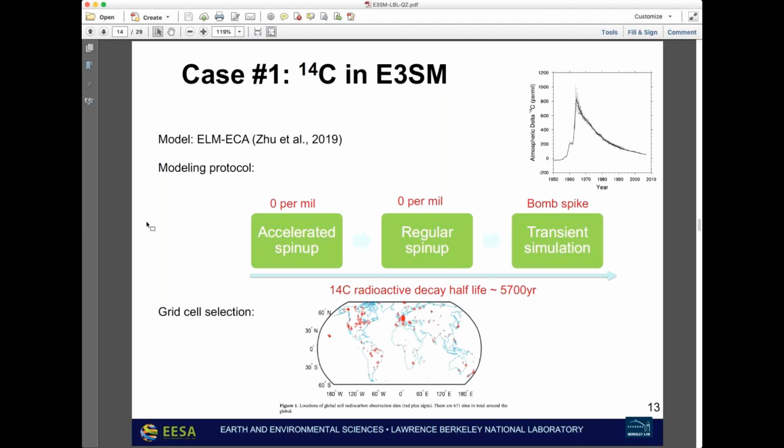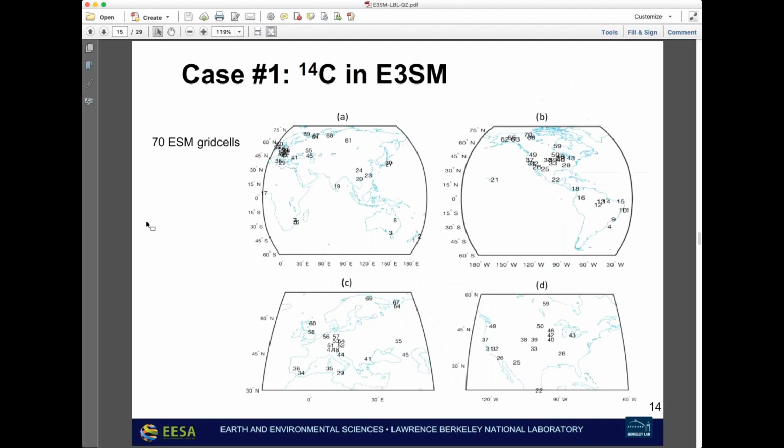And we have a much larger observational network compared with the 2016 paper. It's over 600 measurements. But again, they are in situ measurements. So we have to come up with a comparable framework between the model and the data.